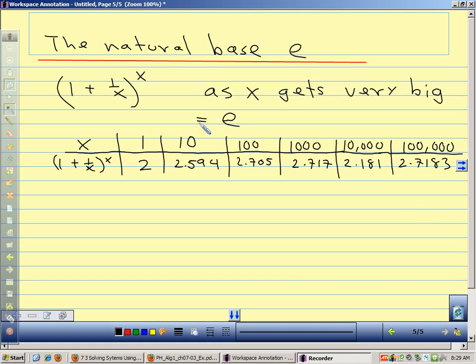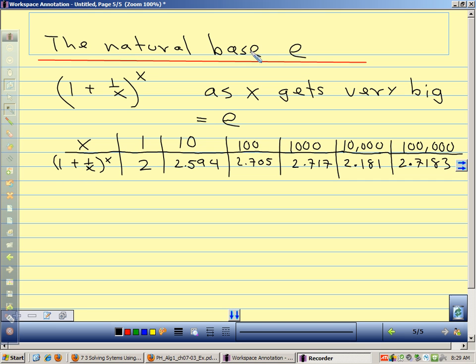So e is approximately 2.718, but it's just like pi. The digits go on forever and they never repeat. So it's a number that has properties a lot like pi, and it comes from this expression, and we use this expression when we calculate compound interest, and we'll talk about that in just a second.